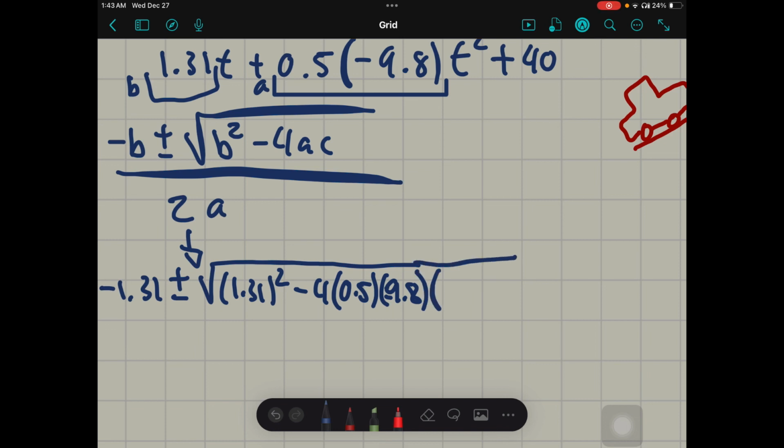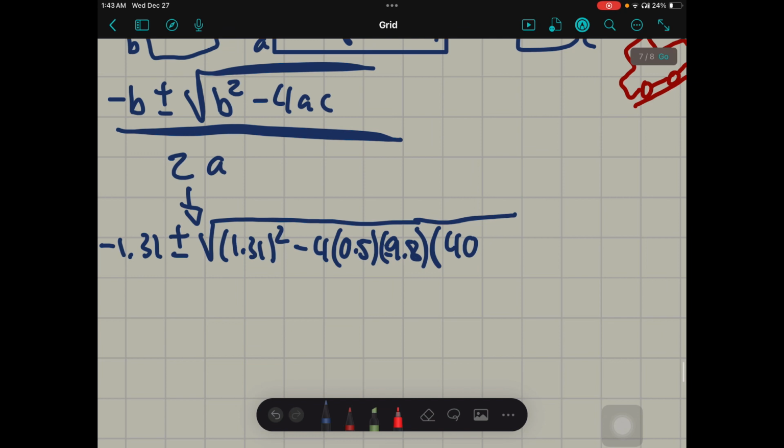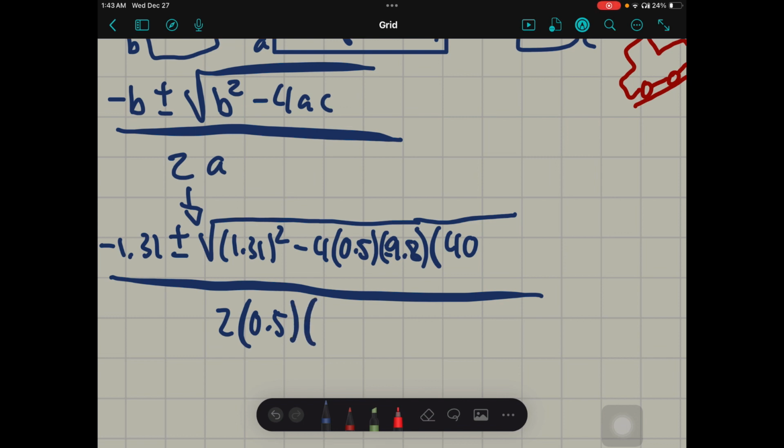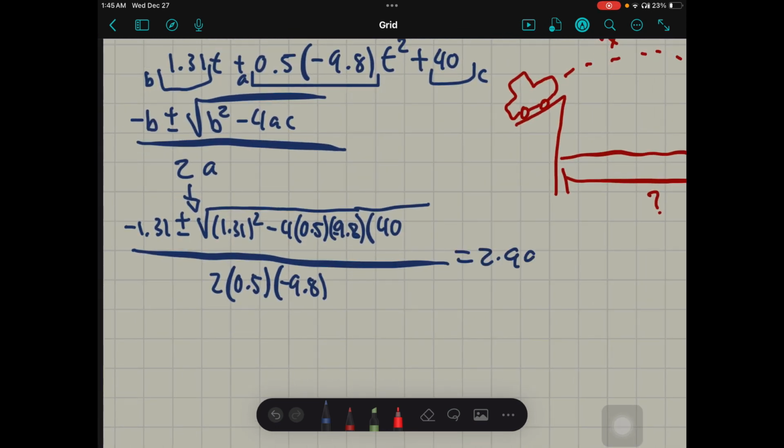And then we're going to multiply that by 40 because our c value is going to be this 40. Okay, and we're going to divide everything by 2 times 0.5 times negative 9.8. Now when we plug that into our calculator, we get 0.99 seconds. Okay, so we got our time value.